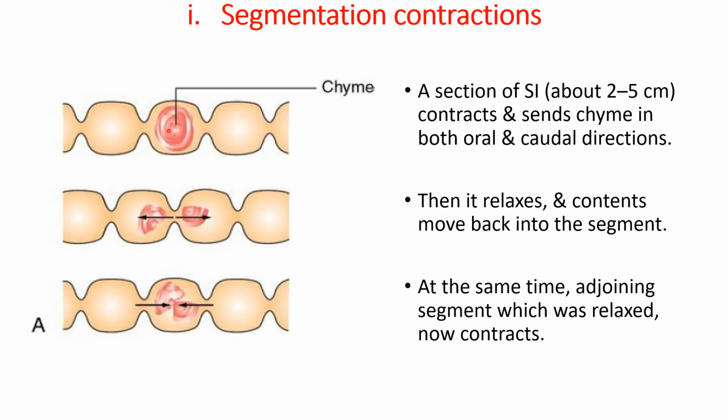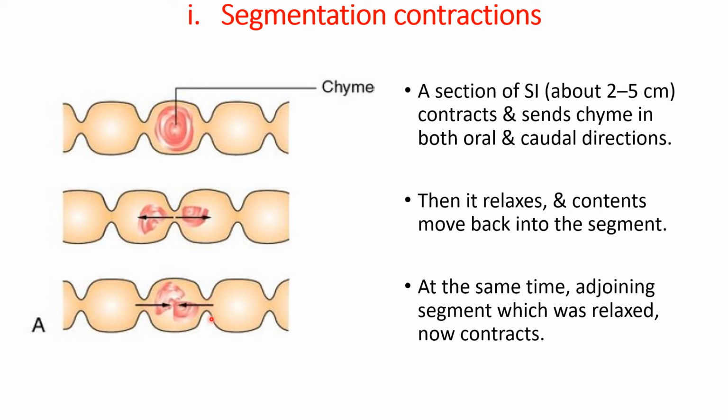Here in this diagram you can see that during the segmentation contraction, a section of the small intestine first contracts and sends the chyme in both directions. Then the same segment of the small intestine relaxes and thus the contents move back into the same segment.